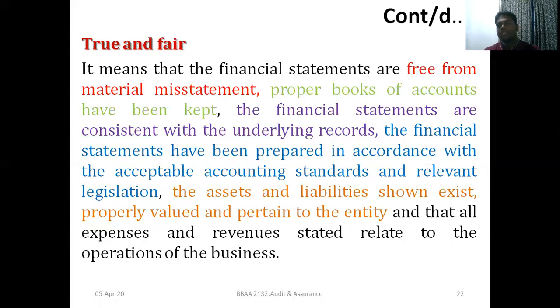So materiality means, for example, I can explain with a simple example. There are two friends. The first friend's name is A, the other is B. A's father is a farmer.